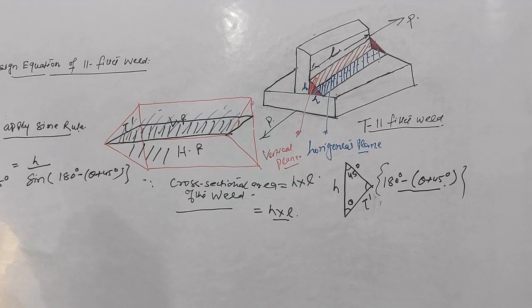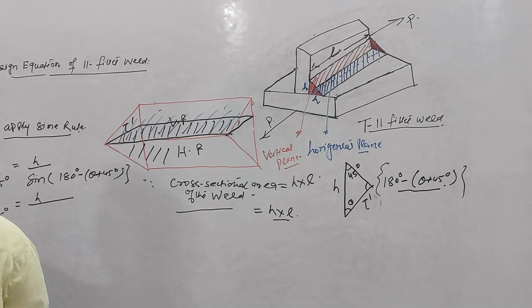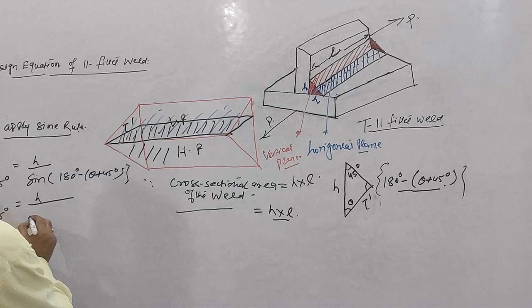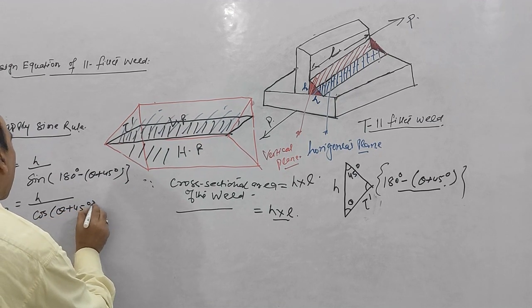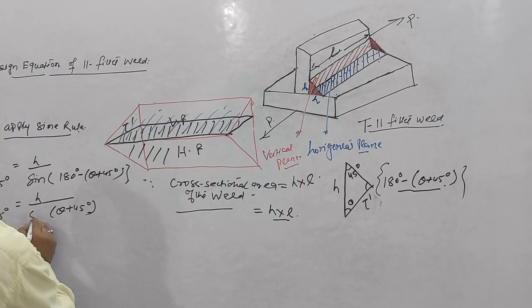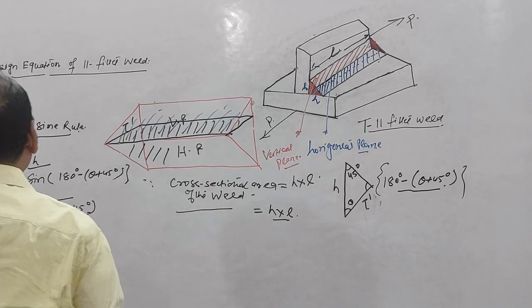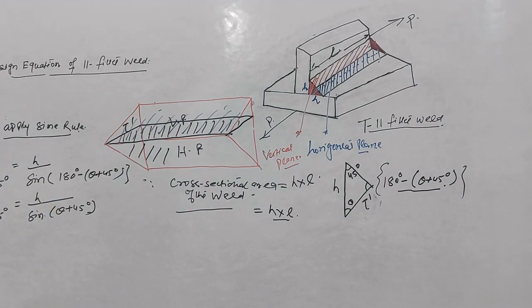So you can say T dash upon sine 45 degree, this is h divided by sine 180 degree minus theta, this is equal to sine theta plus 45 degree, right? Sine theta plus 45 degree. Therefore, T dash किसके बराबर आ जाएगा? इसको ऊपर ले जाओ.